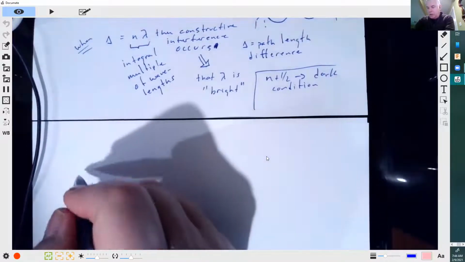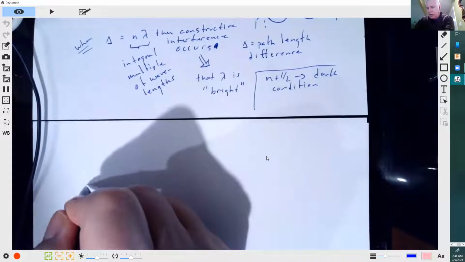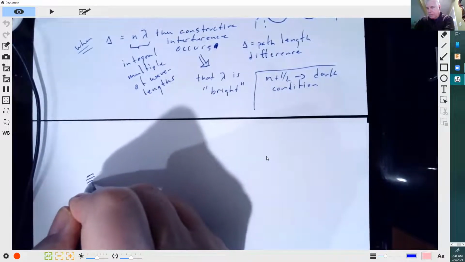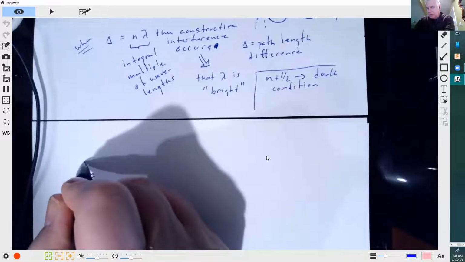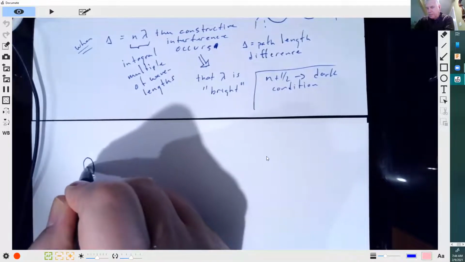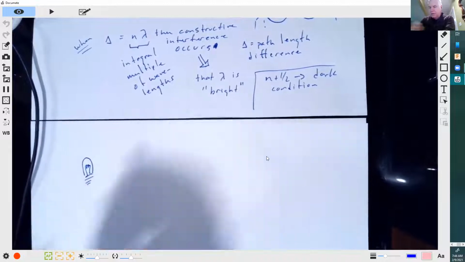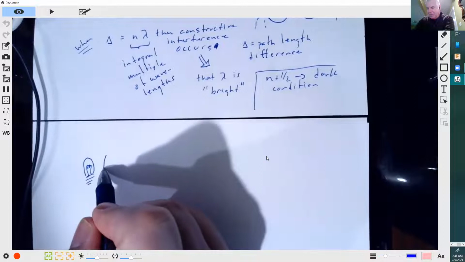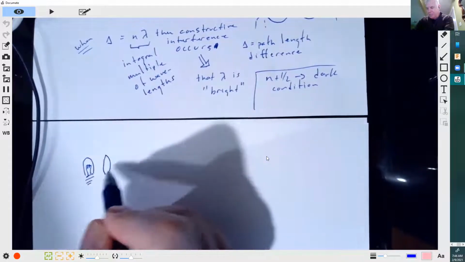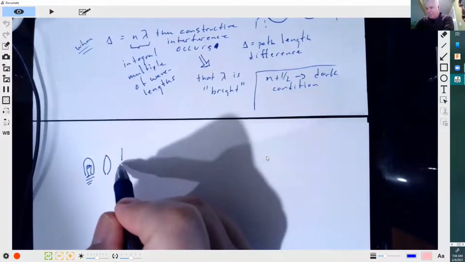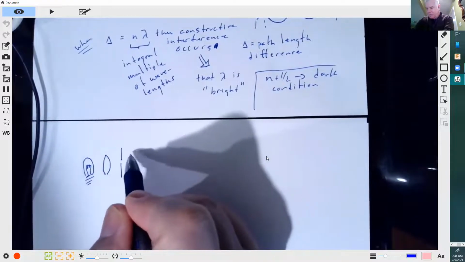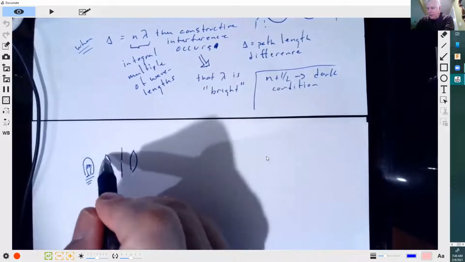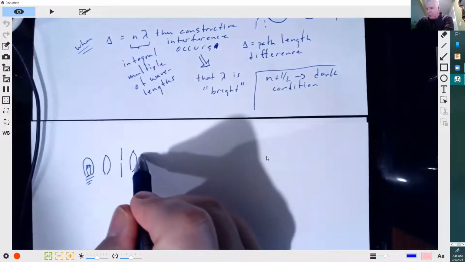The way this looks is that there's some light source, right? This is a light bulb. And then this light bulb is collimated.